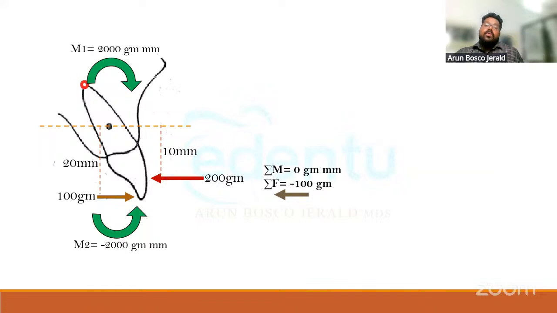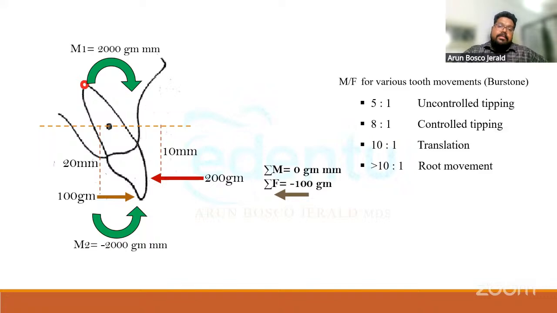Now, when we are considering the moment to force ratio, you have to understand that the M moment is not the moment due to this force. This is the moment due to the opposing force. So M to F, moment to force ratio, actually means the moment of the counterbalancing force, because to counterbalance this moment, we have given another force.